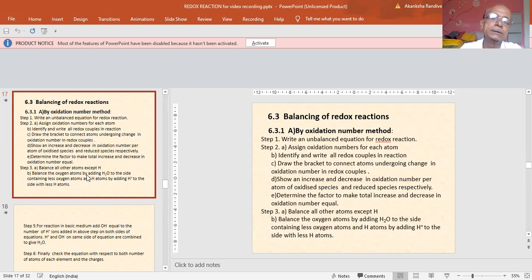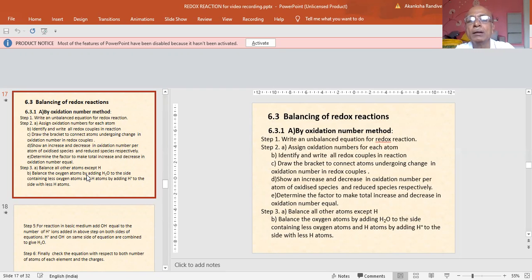Then step second, assign oxidation numbers for each atom. So then, after writing the unbalanced equation, the step second is to be followed. That is, we have to write the oxidation numbers for each atom in the reaction.